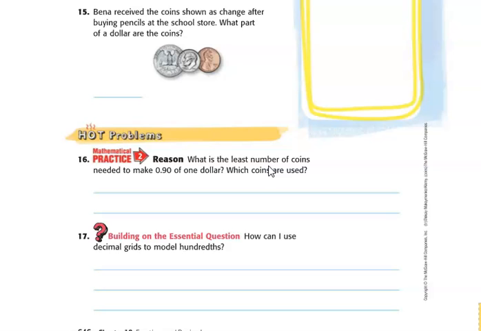And we're going to assume we're not using half dollars. Keep using quarters until you can't anymore without going over the 90 cents. And then switch to dimes. And when you can't use any more dimes without going over the 90 cents, then switch to nickels. And you should not need to switch to pennies. So I will tell you that the least number of coins is 5.